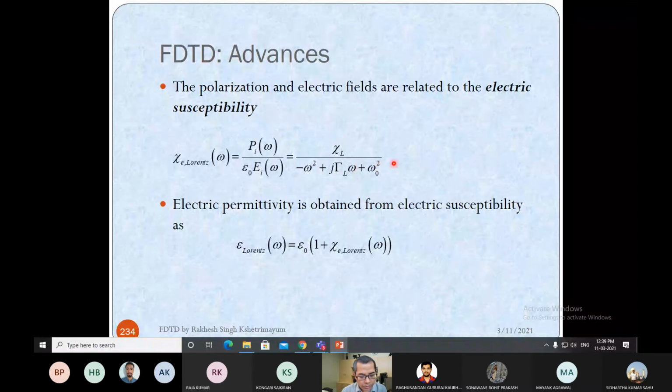Omega is the frequency at which we are modeling the material or medium. And you know from fundamental physics, even at your +2 level or undergraduate studies, we can define epsilon for this medium at frequency omega as epsilon 0 into 1 plus chi E Lorentz of omega. So if I add epsilon 0 with epsilon 0 into chi E, then I get the value of the epsilon.